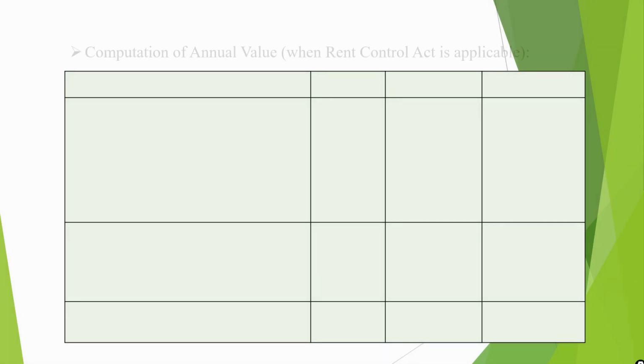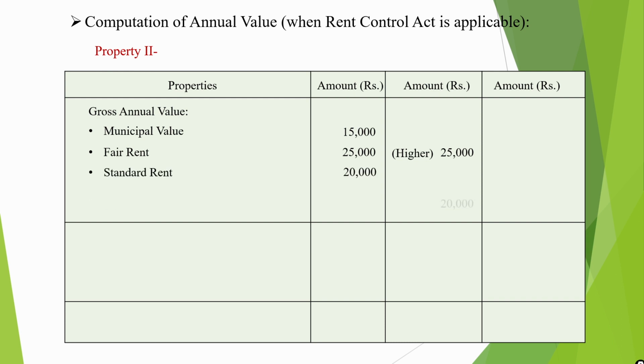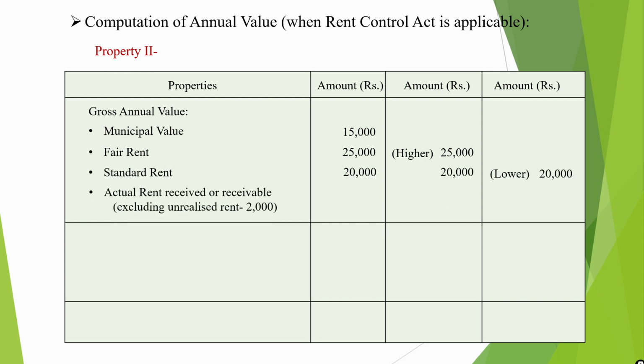In this case, the actual rent received or receivable is rupees 22,000 after deducting unrealized rent from annual rent of rupees 24,000. Now this actual rent you have to compare with the amount of the second step, that is 20,000, and take the higher amount, which is the GAV, rupees 22,000 for house property second.